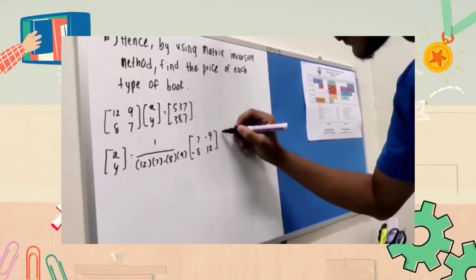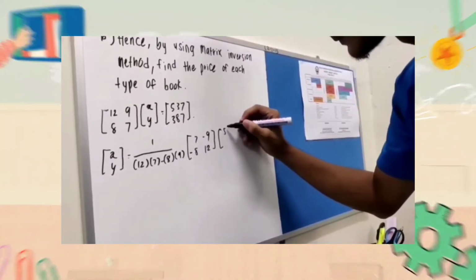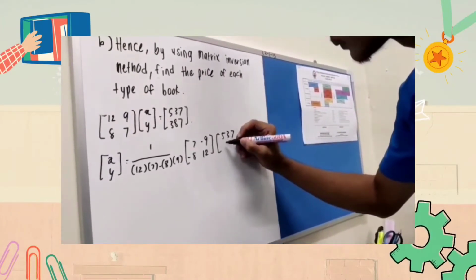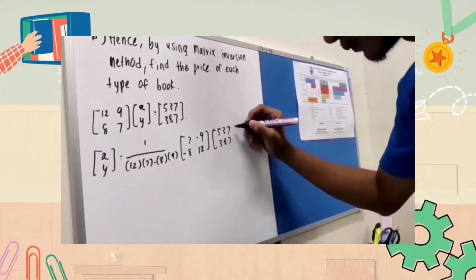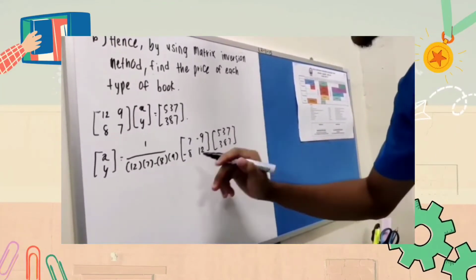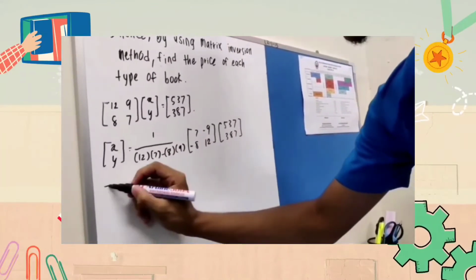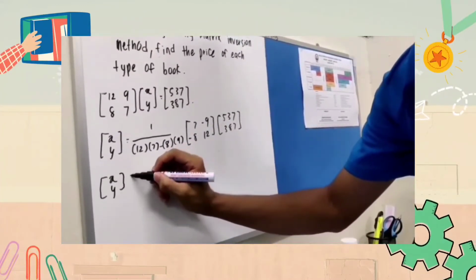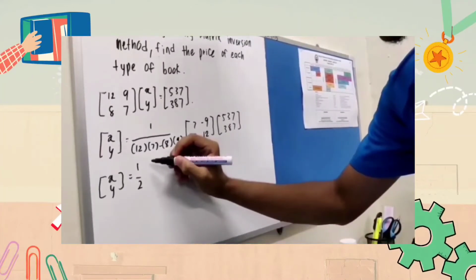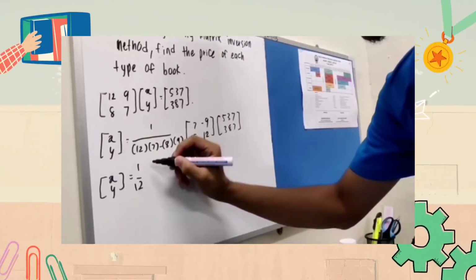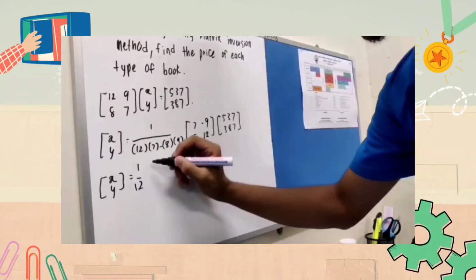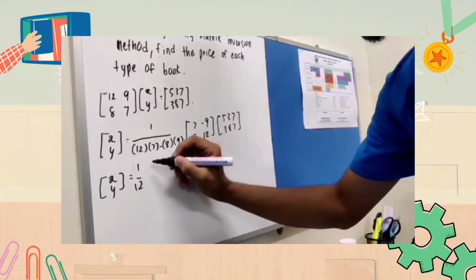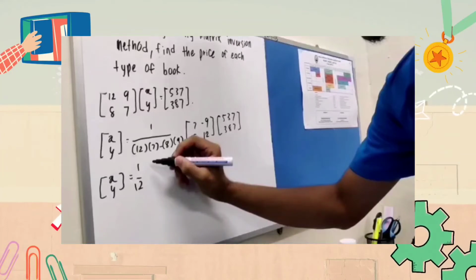Again a bracket. We put the numbers 537 and 387. Okay, next is x and y. We want to put 1 over 12. Why 1 over 12? It is from 1 divided by 12 multiplied by 7, minus 8 multiplied by 9.